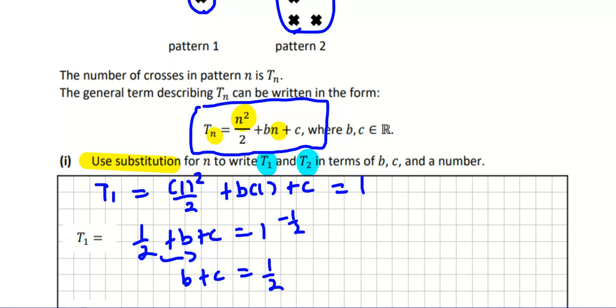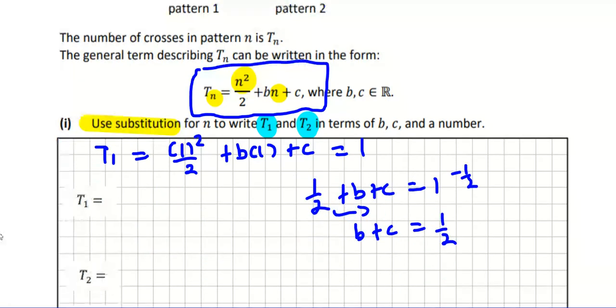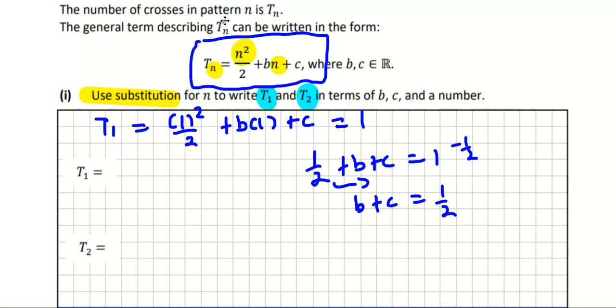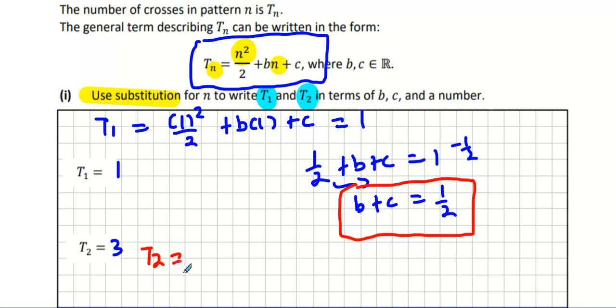Okay, now it does actually want us to show what T1 is and what T2 is. So T1 is 1 and T2 is 3. So I filled in what T1 is there. Now I'm going to have this formula here. It looks like a simultaneous equation. Now I'm going to fill out what T2 is. T2 means replace all n values with 2.